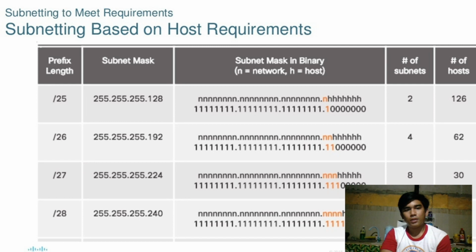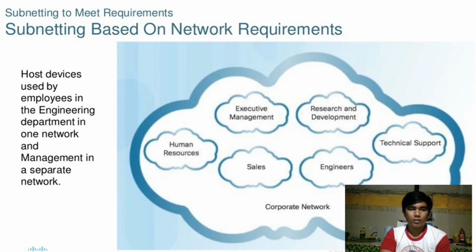Subnetting based on host requirements. Subnetting based on network requirements. Host devices used by employees in the engineering department are in one network and management in a separate network. There's human resources, sales, executive management, research and development, engineers, and technical support, and it's all over the scope of the corporate network.